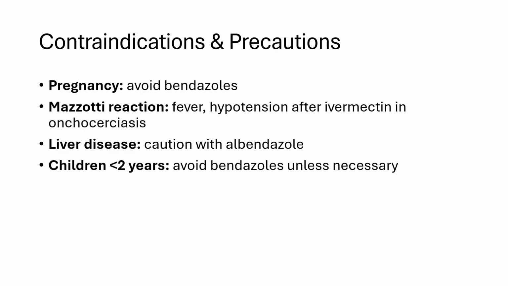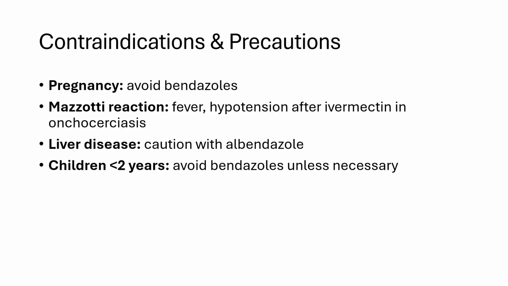So contraindications and precautions with this class. Pregnancy, remember, we want to avoid the bendazoles. It is category C, teratogenic in animals, but human data limited, but why risk it?